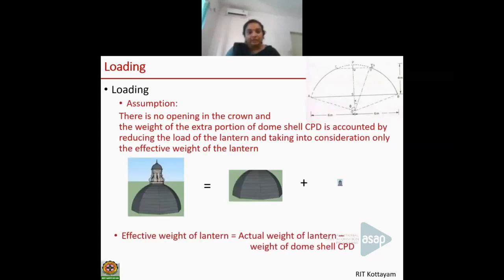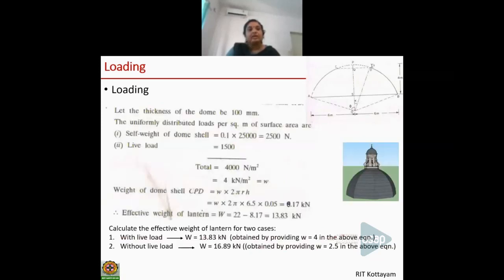For that, we have to calculate the self-weight. We need to assume a thickness, say 100 millimeter, and then the self-weight can be calculated as this thickness multiplied by the unit weight of concrete, 25 kilonewton per cubic meter, so that you will get 2.5 kilonewton per meter square as the self-weight of the dome.